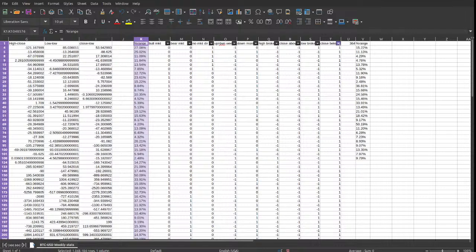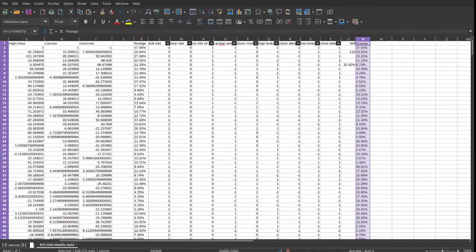And don't worry, these percent ranges, once we get these working, we're going to be able to see what's going on with those. So that's 17% follow through.